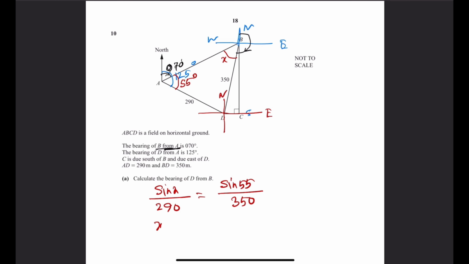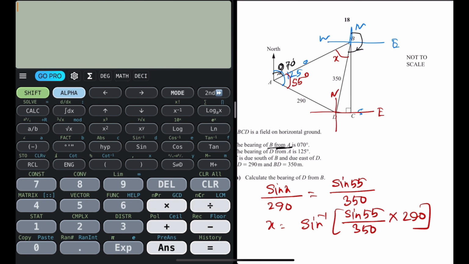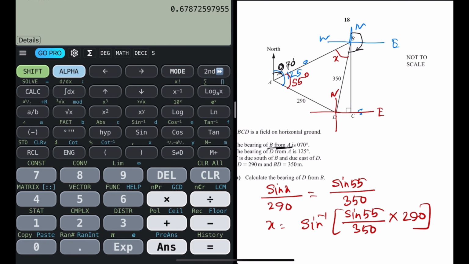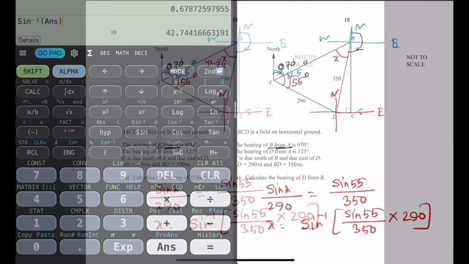So x equals sine inverse of sine 55 into 290 divided by 350.